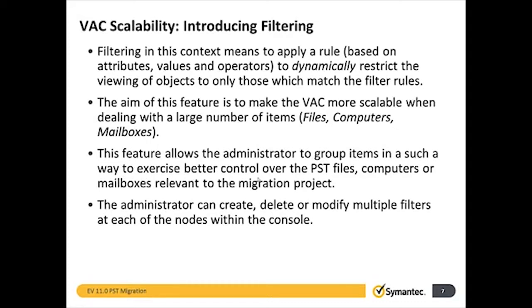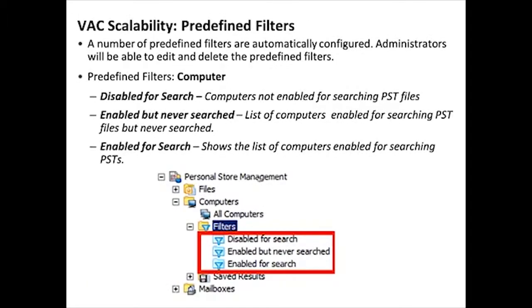The administrator can create, delete or modify multiple filters at each of the different nodes within the console. We also have some predefined filters already configured when you do the upgrade or new install of EV11. Administrators will also be able to edit and delete those predefined filters, and I've just got some examples here.